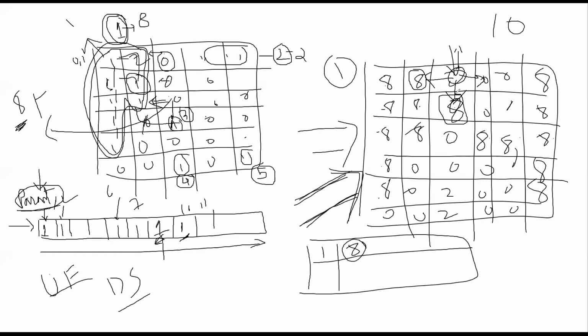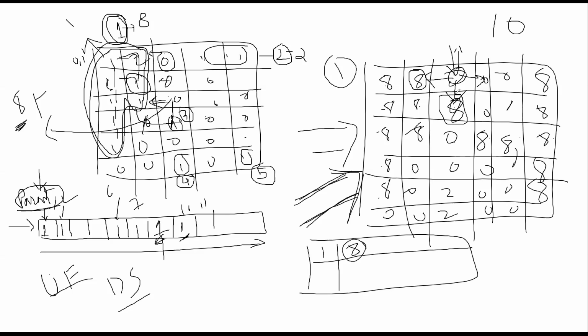May I ask a question? What's the complexity of union find or DFS? Which one is better? So both will have the same. O of Mn, I think, because you will go to all the cells, and even for space you will have O of Mn size.